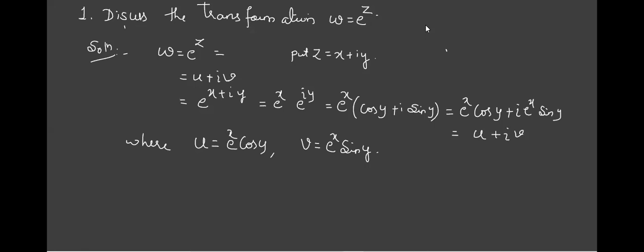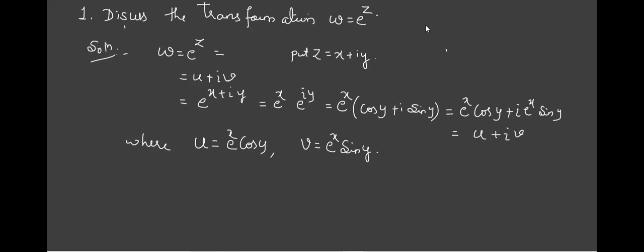Now after this, we have to think, can we separate x and y such that x should be in terms of u and v only, not containing y. Similarly, y should be in terms of u and v, not containing x. Is it possible? Can you eliminate y now by applying any mathematical operation?